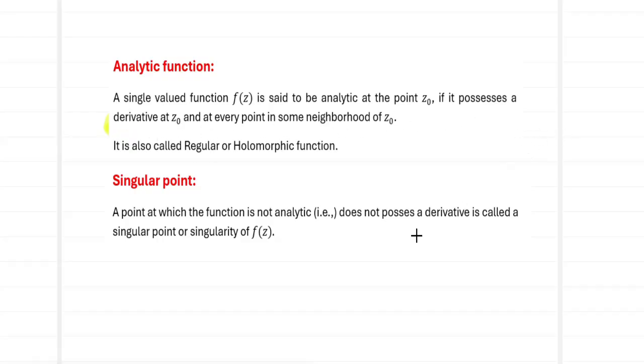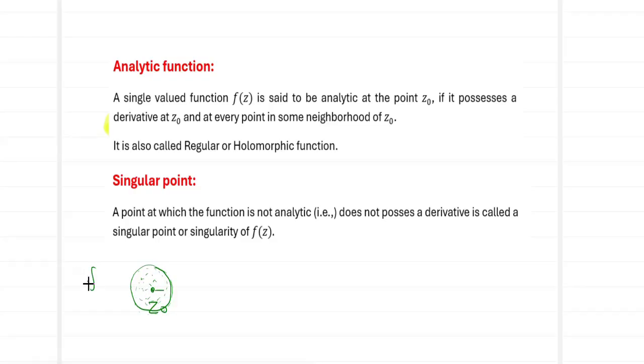What do you mean by this neighborhood? If I consider a point z0 and take a very small radius, and then consider a circle around it, then the points which lie inside this circle are called the neighborhood of z0.